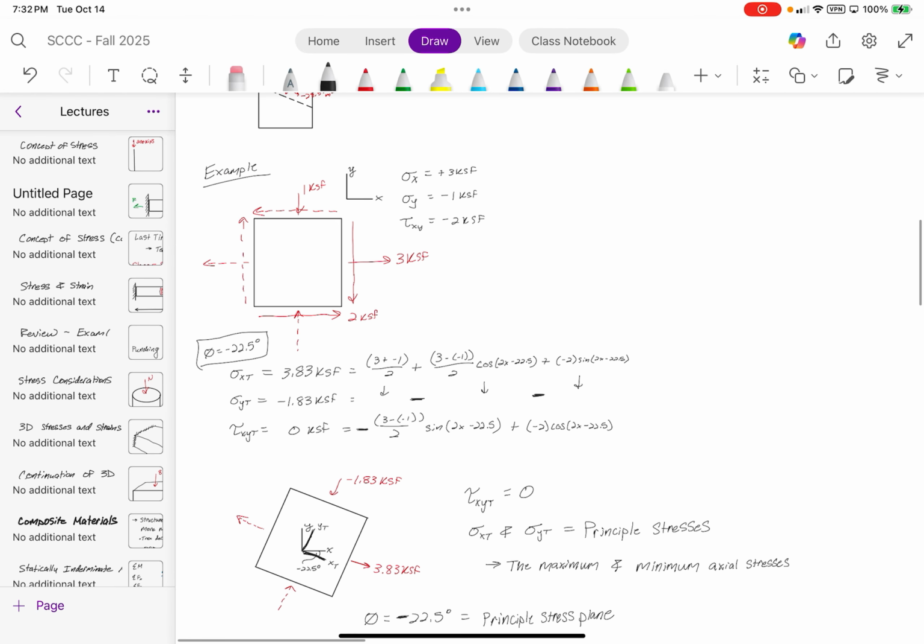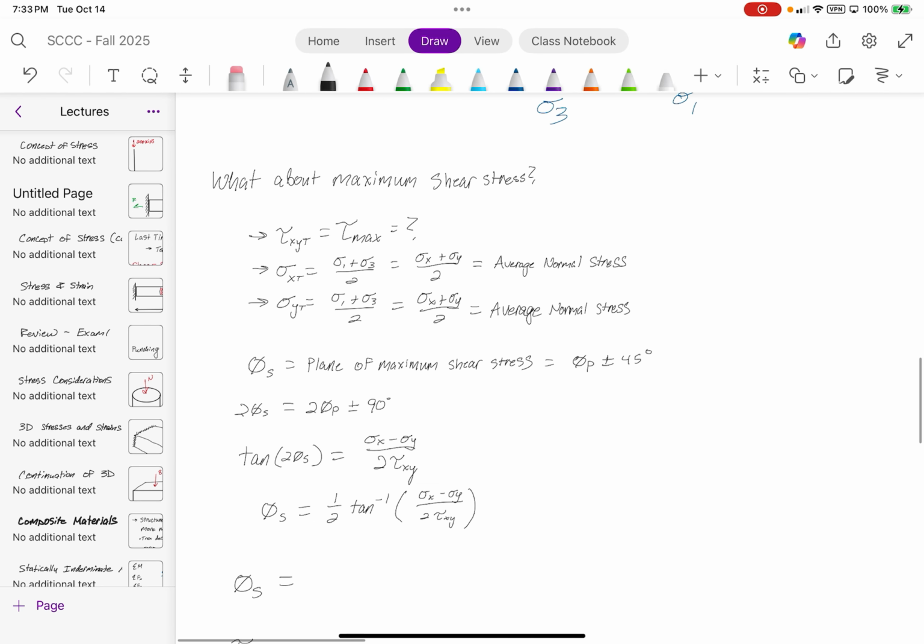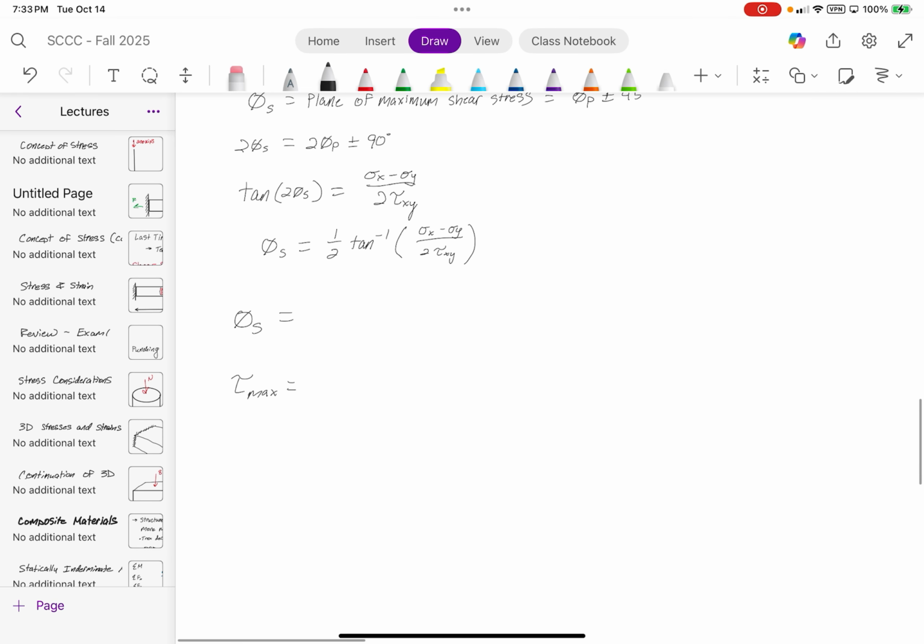What are you using for sigma x and sigma y? 3 and then negative 1? I get negative 22.5. That's what I get.